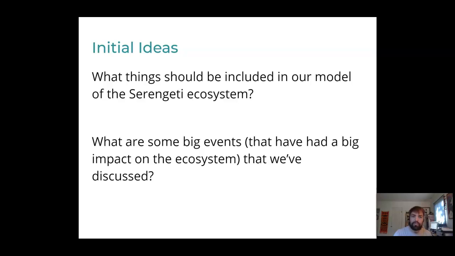In other words, what's in our model of the system as a whole? What are all of the things that we've gone over and thought about? And then what do we still need to investigate to figure out how this population is changing? Go ahead and reflect on that one.